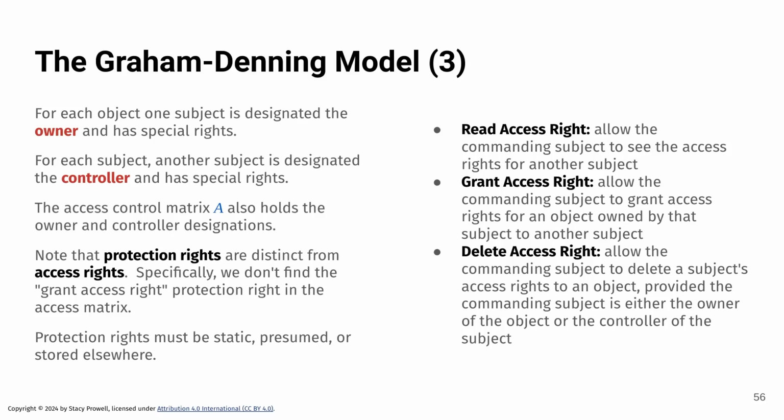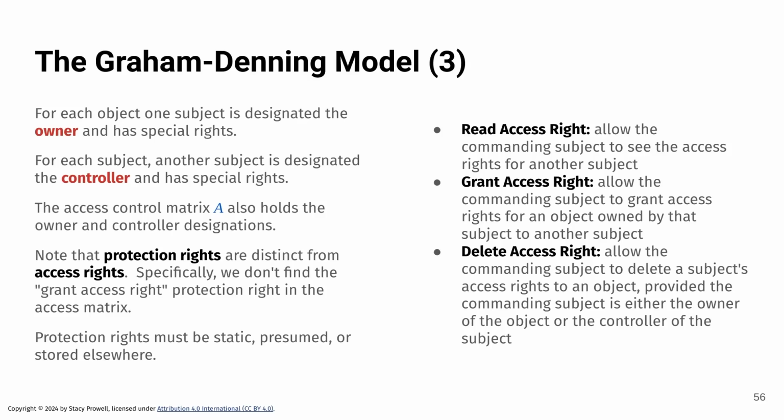An access right is my ability to read a file, to write to a file, to delete a file, to print a file, to execute a file. Those kinds of things are access rights. Reading an access right, granting access rights, deleting access rights, adding subjects, deleting subjects, those are protection rights.